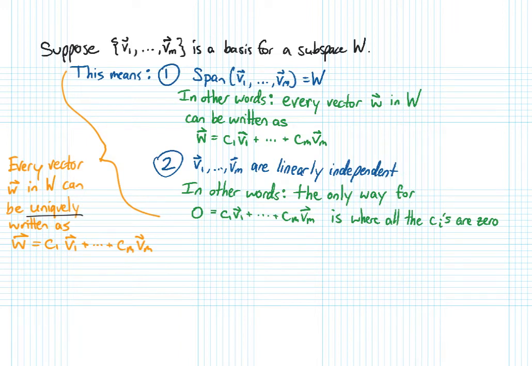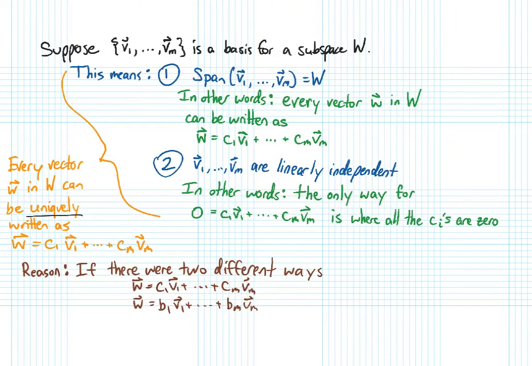Well, the spanning condition tells us that every vector in W can be written as a linear combination of the basis vectors. And linear independence actually tells us that that expression is unique. The reason for that is that if there were two different ways to write w as a linear combination of the basis vectors, then we could take the two equations and subtract one from the other, and we would get an expression where 0 is written as a linear combination of the basis vectors.